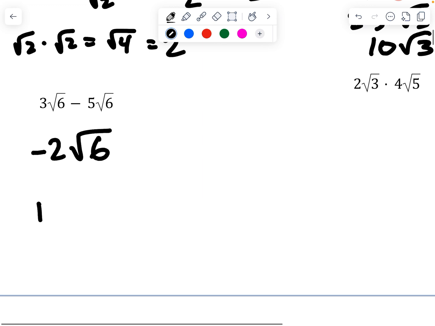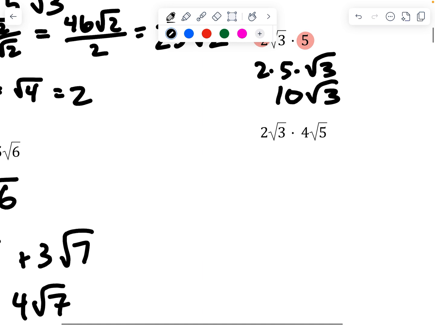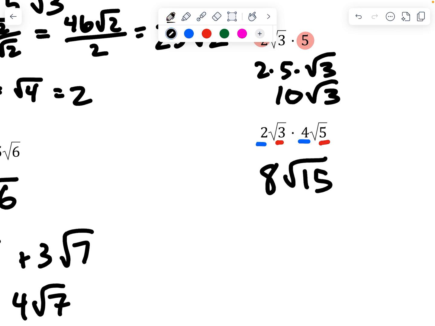The same thing if you were to take the square root of 7 plus 3 square roots of 7, you would have 4 square roots of 7. Here, honestly, combining like terms: 2 times 4 and square root of 3 times the square root of 5. So here we would have 8 square root of 15.